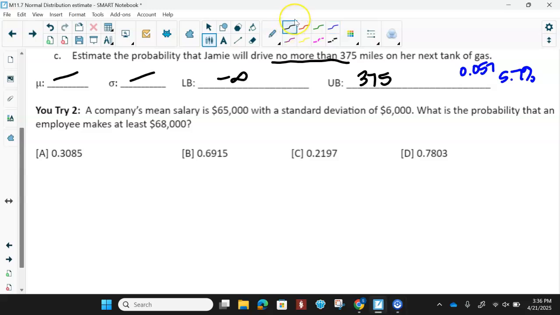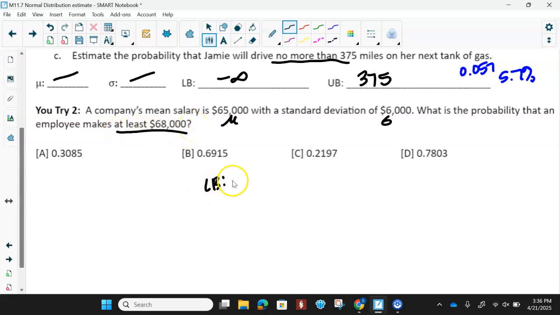And here we go. So here you should have noticed, now just a heads up again, why we're not able to use the empirical rule. The mean was 65,000 with a standard deviation of 6,000. So one standard deviation above is 71,000. Notice how 68,000 is not part of the empirical rule. So we would have to estimate. So here's your mean, here's your standard deviation. What is the probability of making at least 68,000?